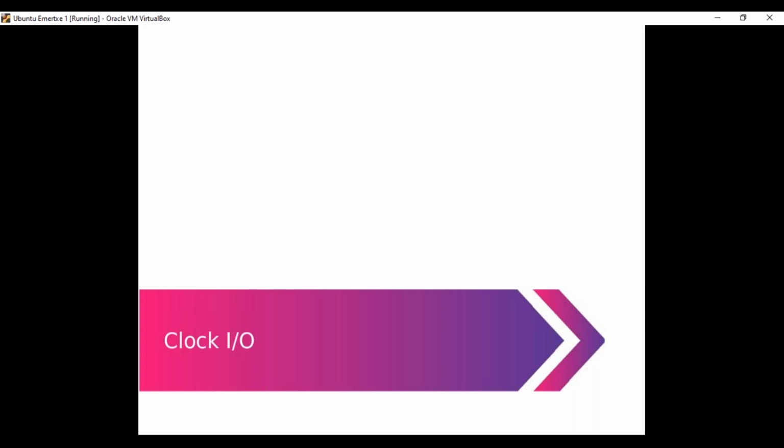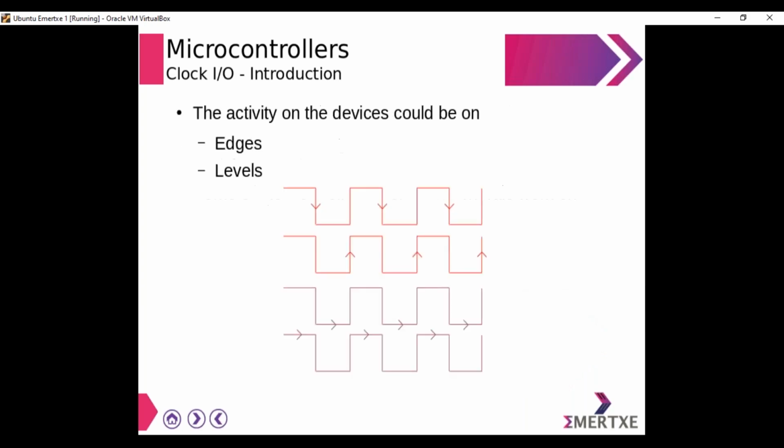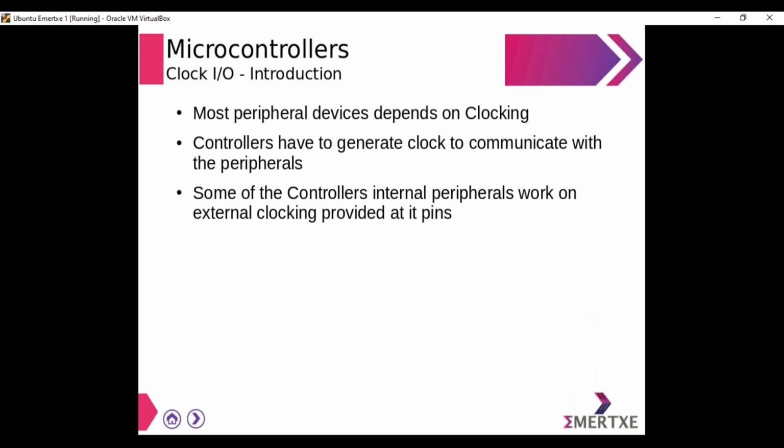Here we are going to create one variant of a clock input with the help of pulse width modulation. Sometimes PWM is also called pulse duration modulation. As I said, most of the peripheral devices depend on clocking, so controllers have to generate the clock in order to communicate with that particular peripheral.